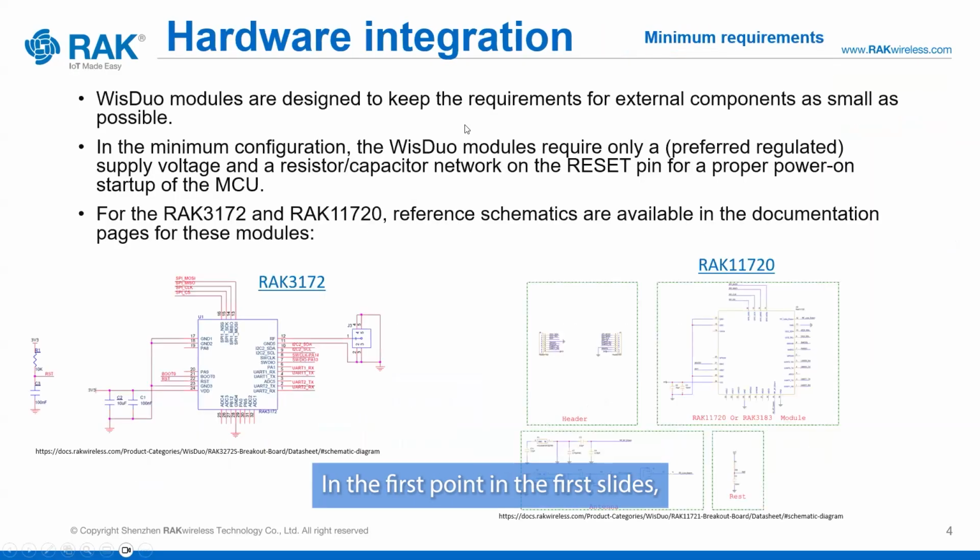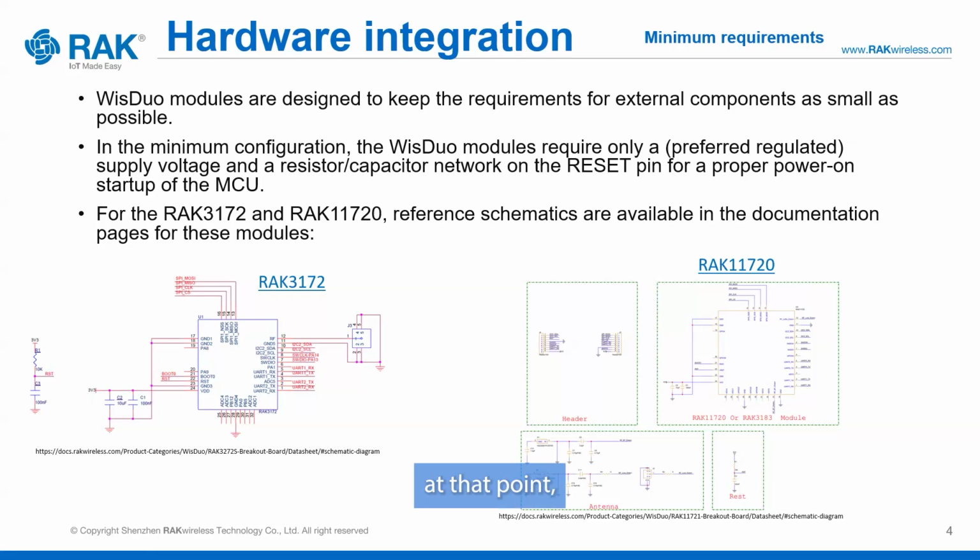In the first slides, I will go into how customers can integrate our WisDuo modules into their own designs. We have designed the modules to keep the requirements for external components as small as possible. As an example, for a RAK3172, you only need a few capacitors and one resistor outside of the module to get it to work.